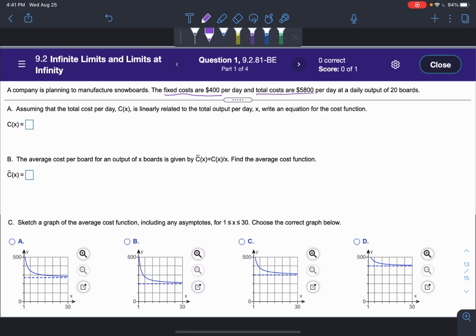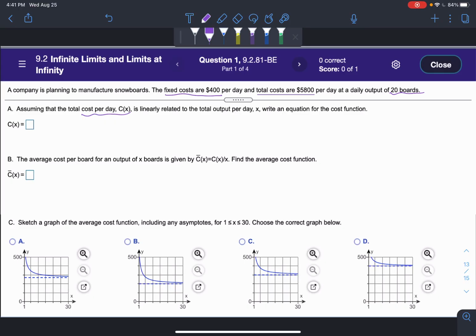So for part A, we want to find this cost per day function that's linearly related to the output per day for 1 board. So notice how we have this $5,800 for 20 boards, but I want to model what the price is for 1 board.